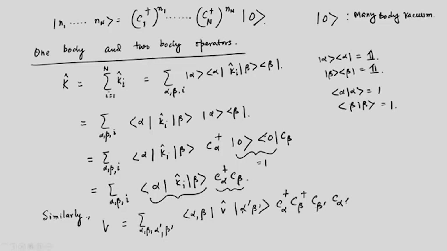Okay. So, this is nothing but the matrix elements of this operator, which can be for a Coulomb term. This is like minus e square over R, and so this is like alpha beta alpha prime beta prime. So, the matrix element is this and the operator is here. Okay. So, the matrix element is given by this V alpha beta alpha prime beta prime and so on.